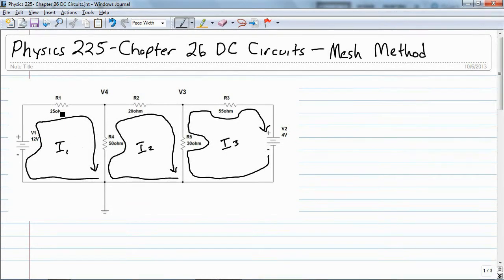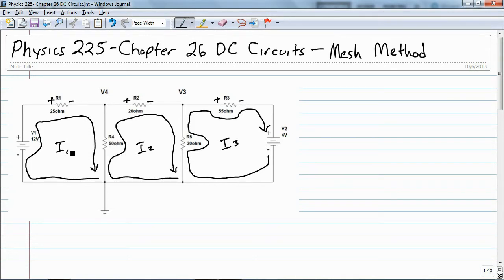Now, based on the loop currents, we're going to write our polarities. In this case, we have plus on the left, minus on the right for resistor R1, because of the way we have our loops. And you notice the loops all go in the same direction, clockwise. For R2, it's positive on the left, negative on the right. And for R3, positive on the left, negative on the right.